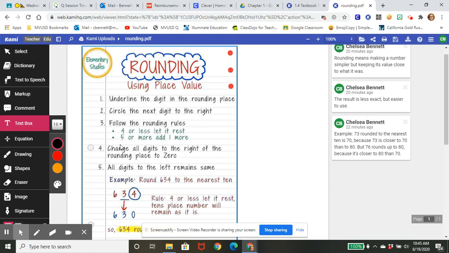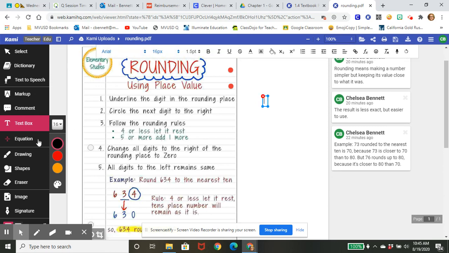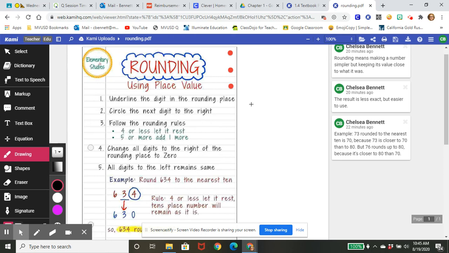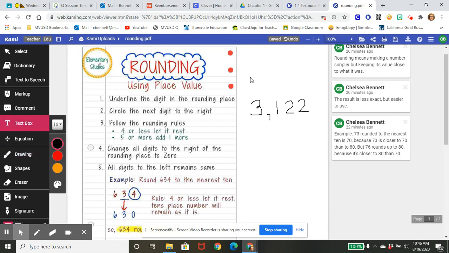So let's come up with a number. I'm going to use the number 3,122. Okay, here's my example. And I'm going to use these steps. First of all, we do have to ask the question because the question is important.